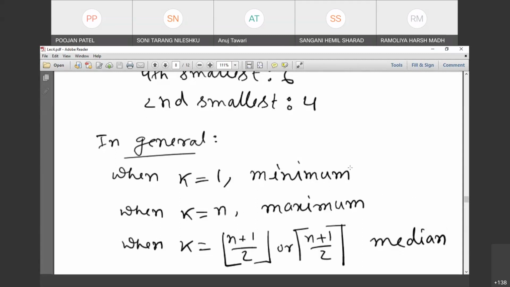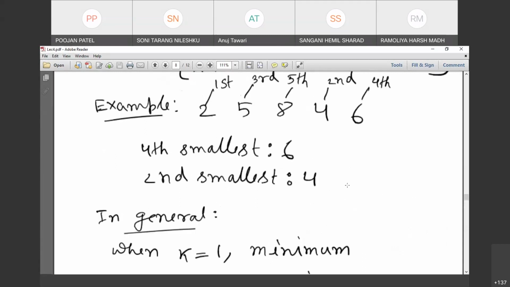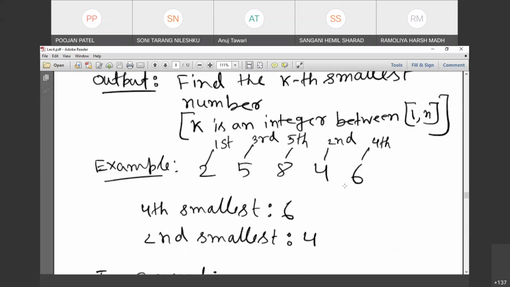So minimum, how do you do it? How much time do you need for finding the minimum? Order of n. So we are looking for something better than the sorting algorithm. Sorting takes n log n. For the minimum, and the same for the maximum, you just need order of n.